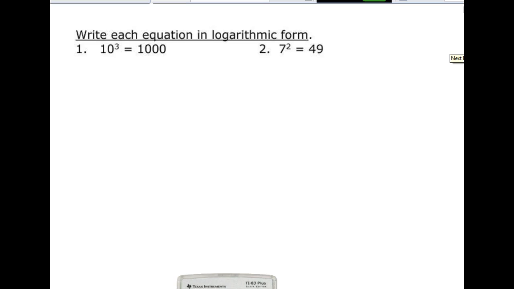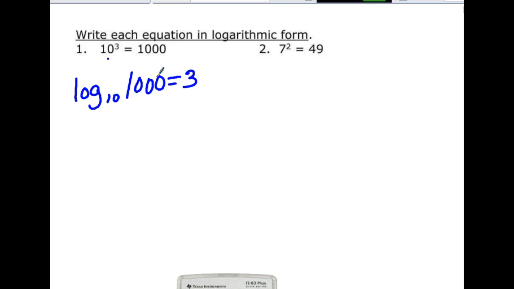Using the definition, how do you change from exponential form into log form? Well, what's the base of this? The base is 10. The base of the log will also be 10. What's the exponent? The exponent is 3, and so this is where the 1,000 goes.